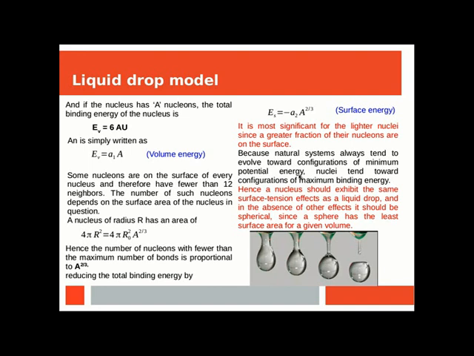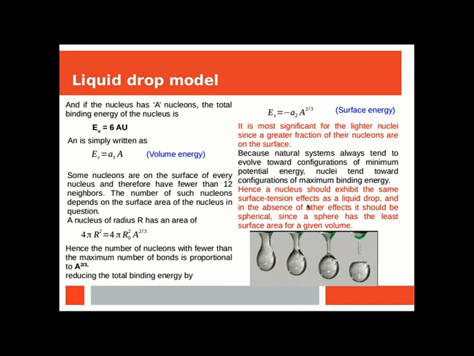Now surface energy is significant in the case of small nuclei, because in small nuclei a greater fraction of nucleons are present on the surface, while in large nuclei most of them are present inside and only a smaller fraction are present on the surface. So surface energy becomes significant in smaller nuclei and is less significant in larger nuclei.